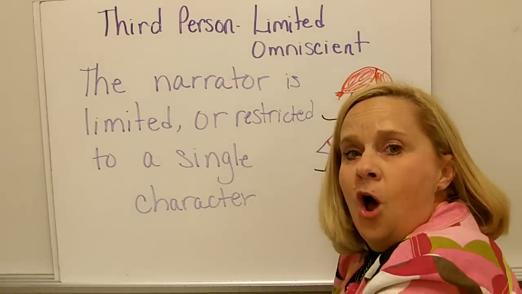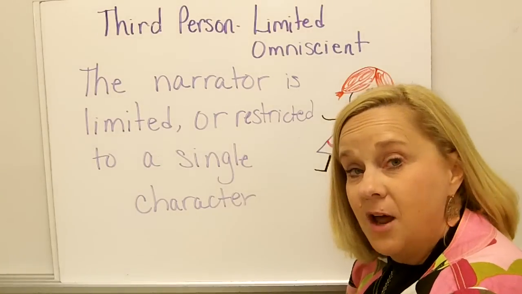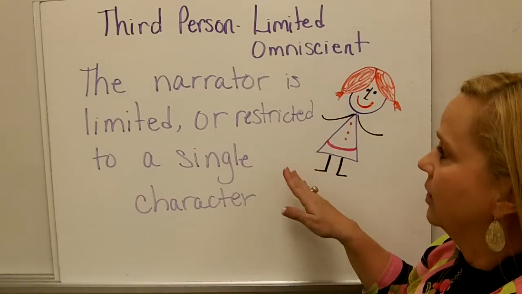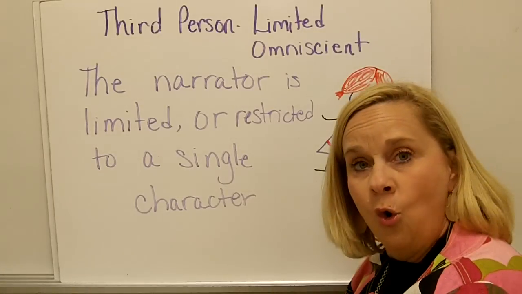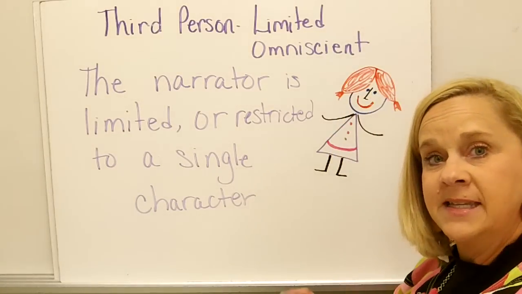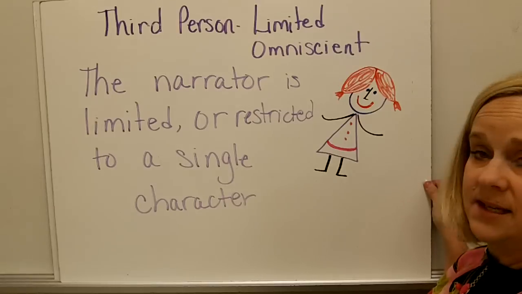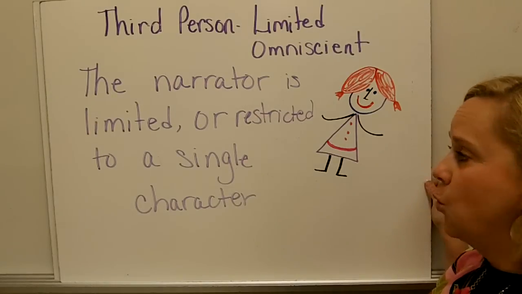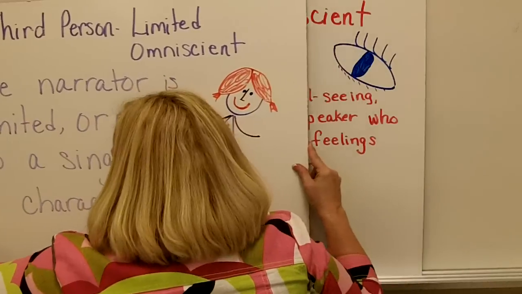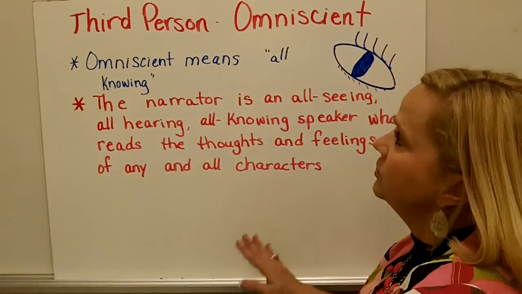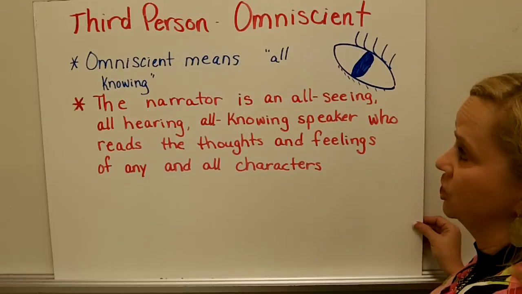We have a term called third person limited omniscient, and what this means is the narrator is very limited or restricted to one single character. Third person, limited omniscient, limited to one character. We also have third person omniscient.